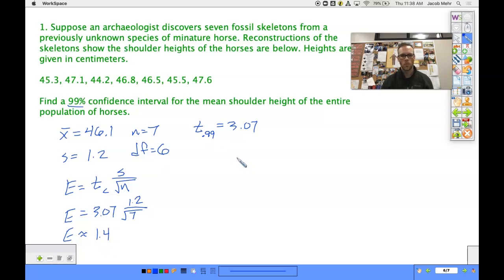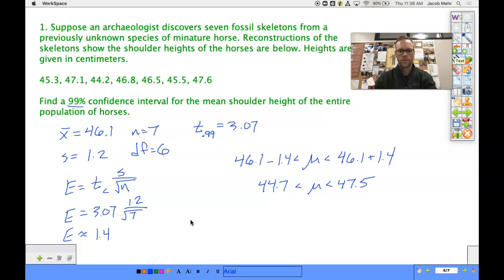Okay. So then what we do, we take our X bar, which is our point estimate for mu, we subtract 1.4, and we add 1.4. So 46.1 minus 1.4, 44.7. Now let's add, 47.5.